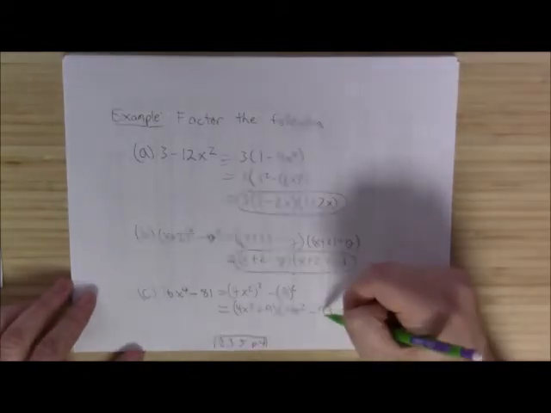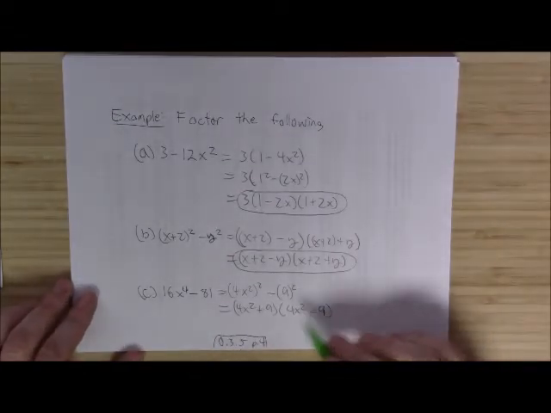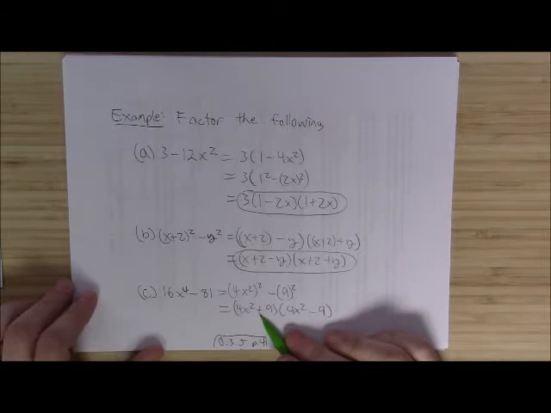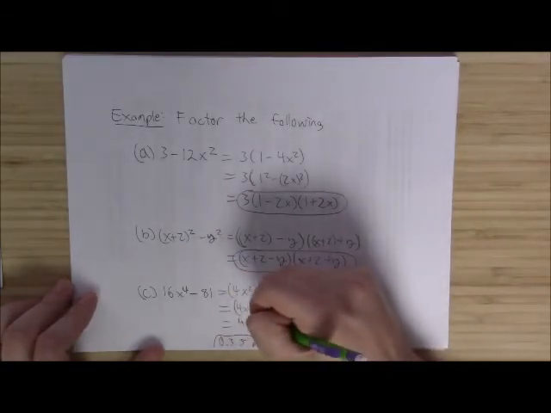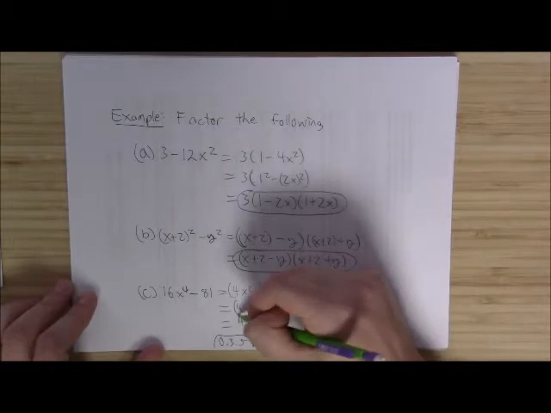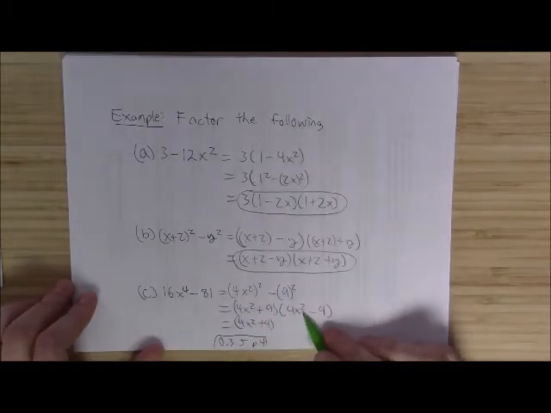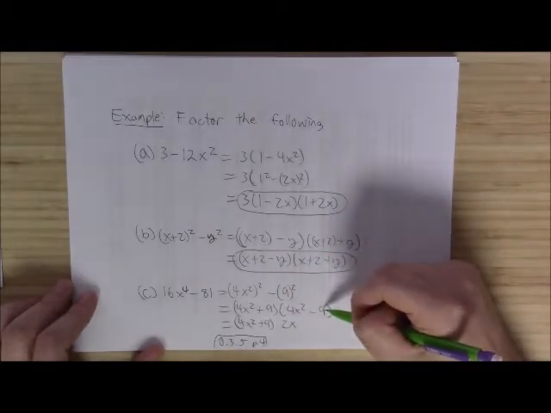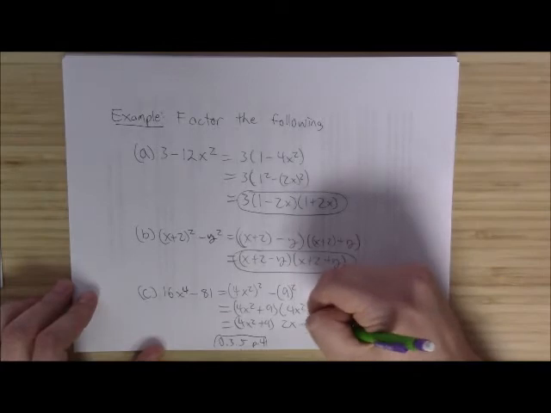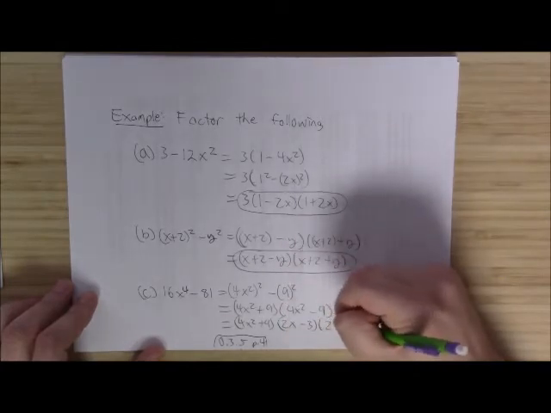However, if you pay close attention, the second factor is also a difference of squares. The first is a sum of squares, which we can't do anything with, but this being a difference of squares, we can factor it the same way again. Namely, 4x squared is 2x times 2x, so 2x quantity squared. And that 9 is 3 squared, so we can factor this the following way.